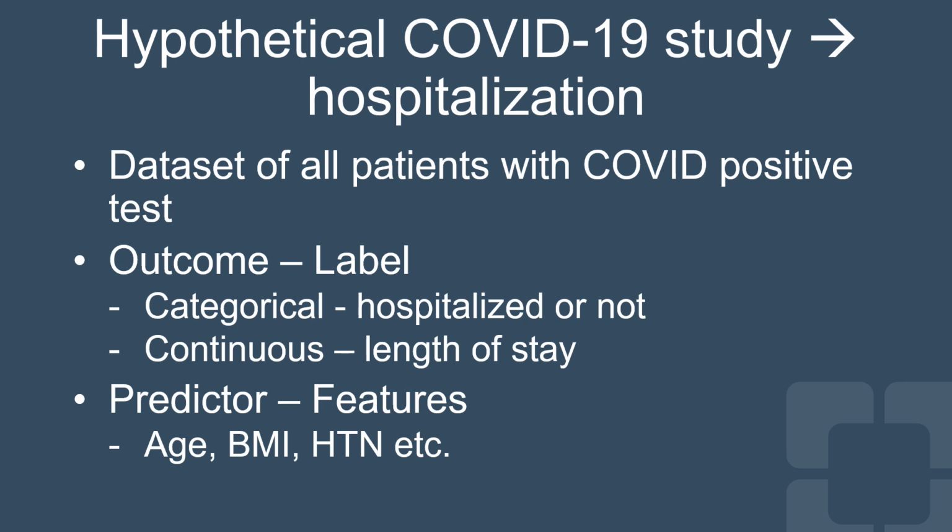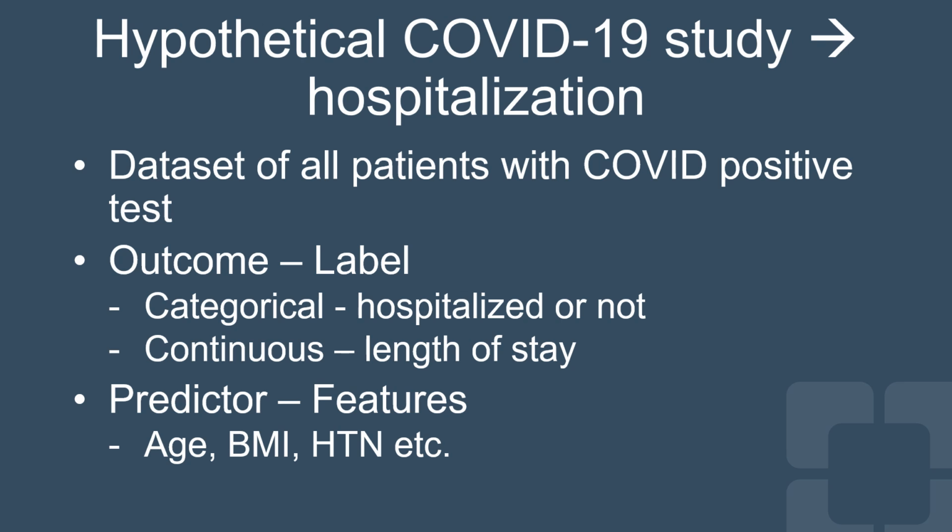To better understand these terms, let's take a look at a hypothetical COVID-19 study that looked at patients with COVID-19 who ended up in the hospital. The data set for this study would be all patients who tested positive for COVID-19. The label or the outcome or the dependent variable would be either categorical, meaning the patients who were hospitalized or those who were not.